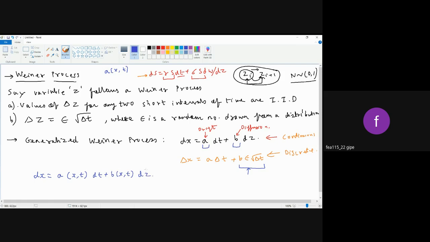So all that I've done is I have taken the generalized Wiener process and I have just introduced dependency on the underlying asset x and the time step t. And this form is what we call an Ito's process. So just one step ahead, but Ito's process.